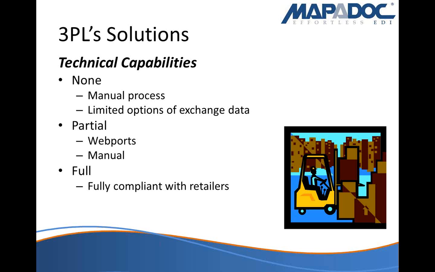Then there's the partial, where some of those warehouses have web portals that they can go to and upload all the shipping information. You can go to that web portal and pull that information, and you're still doing some manual intervention. Then there are 3PLs that are fully capable, meaning they have worked with some of your trading partners or retailers in the past where they have those requirements.